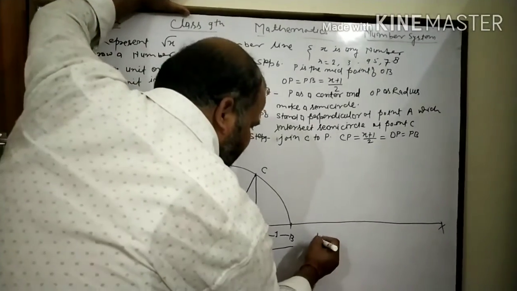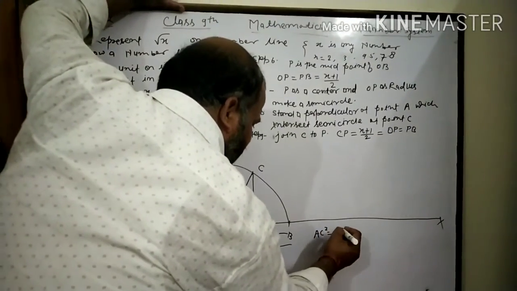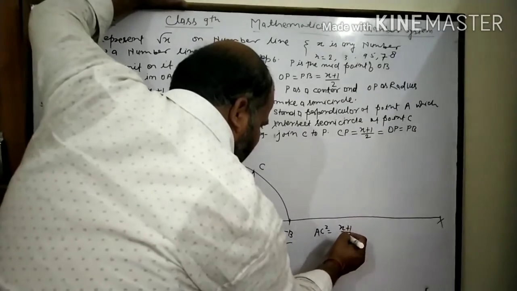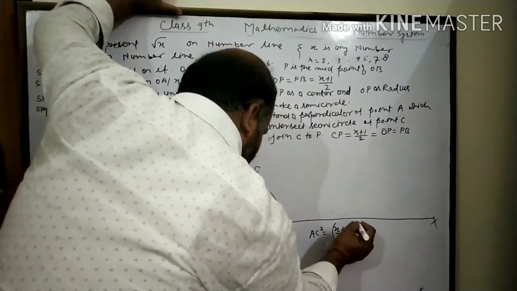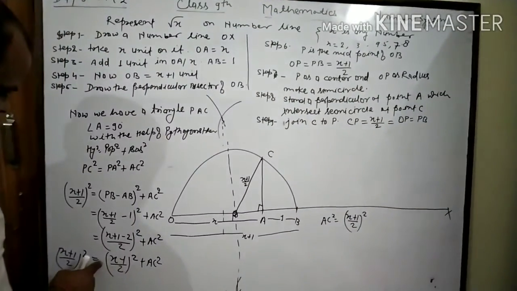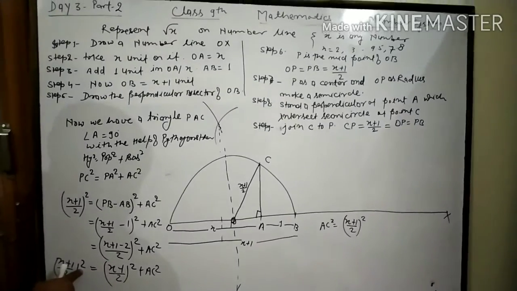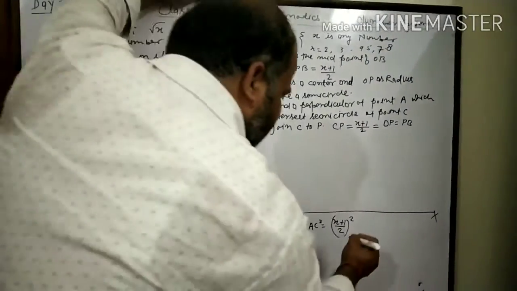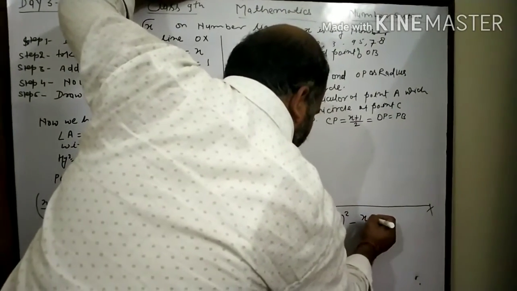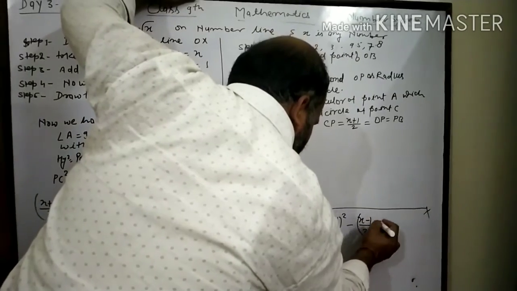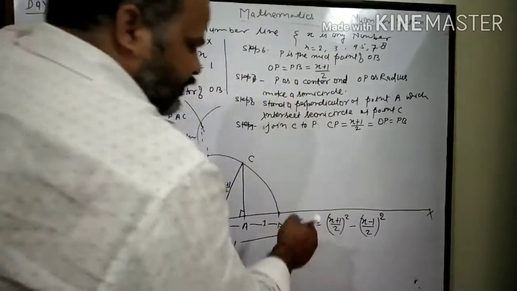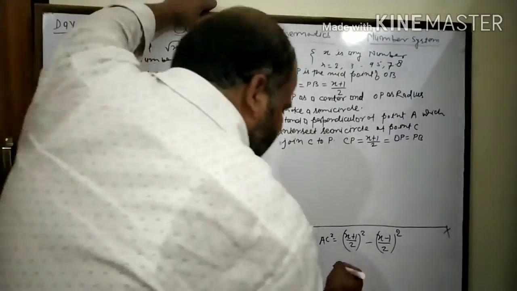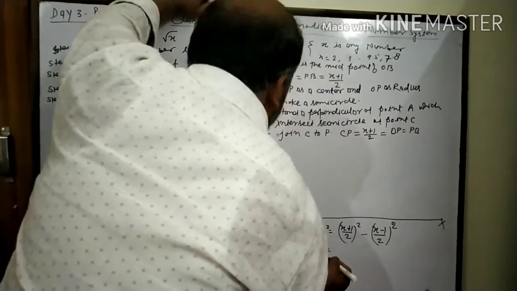See, here AC square is equal to x plus 1 by 2 whole square, and this comes this side, then here is plus sign, and if it comes this side, then the sign is changed. That means minus x minus 1 by 2 whole square. Then you can use the identity of the 9th class.